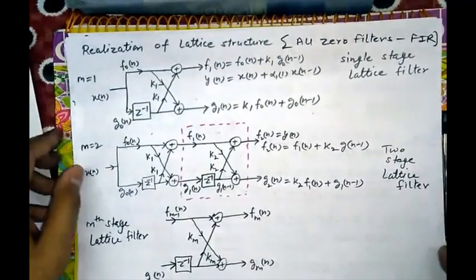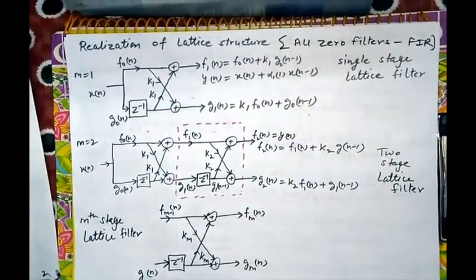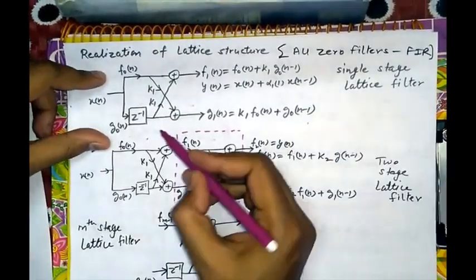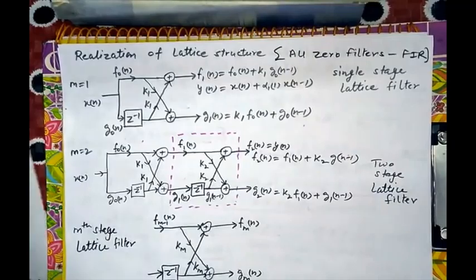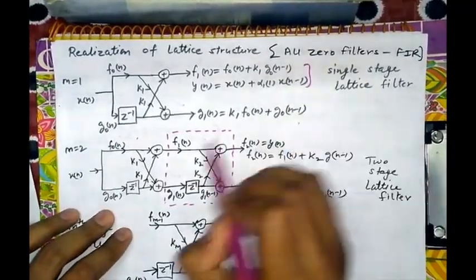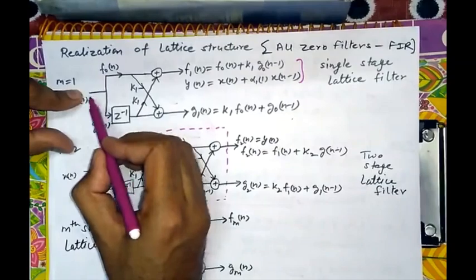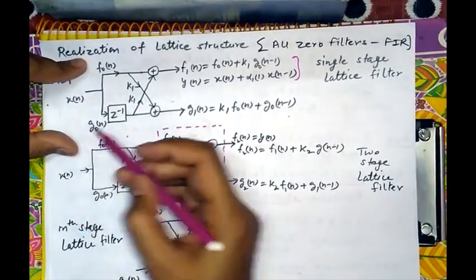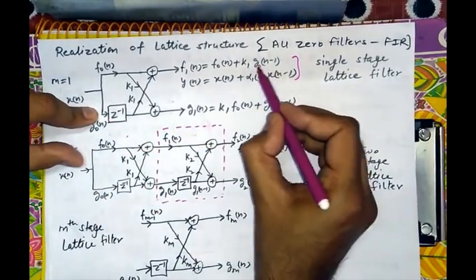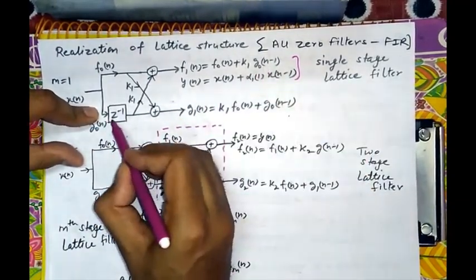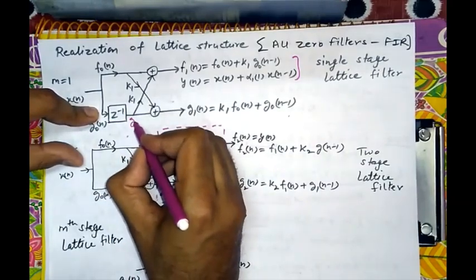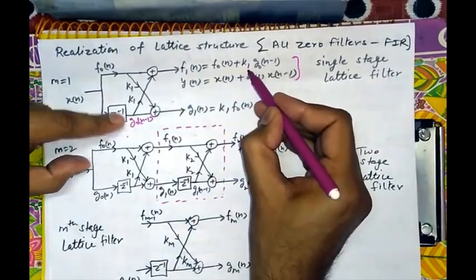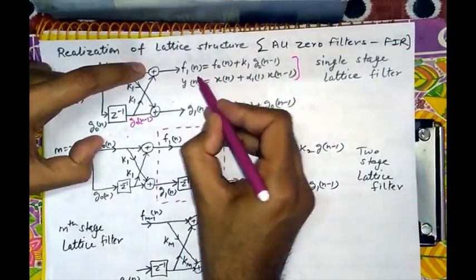Now realization of lattice structure. We have studied the lattice structure form, and it has two functions f and g. Again we can see the lattice form, basically the lattice form for the first order, that is x n is equal to f naught n and g naught n as it was mentioned in the equation. g naught n is delayed by a z inverse, that is now g naught n minus 1. g naught n minus 1 is multiplied with k1 and added with f naught n, and it forms f1n.